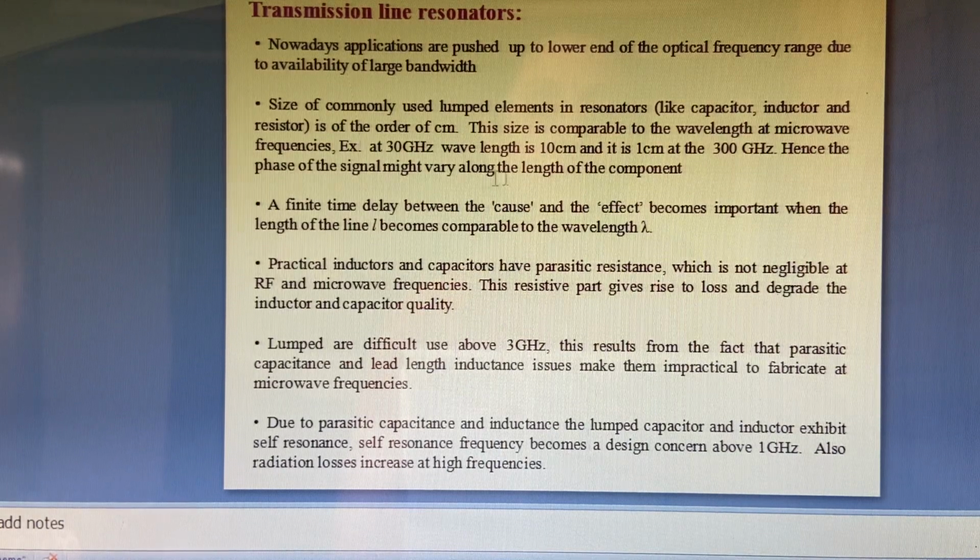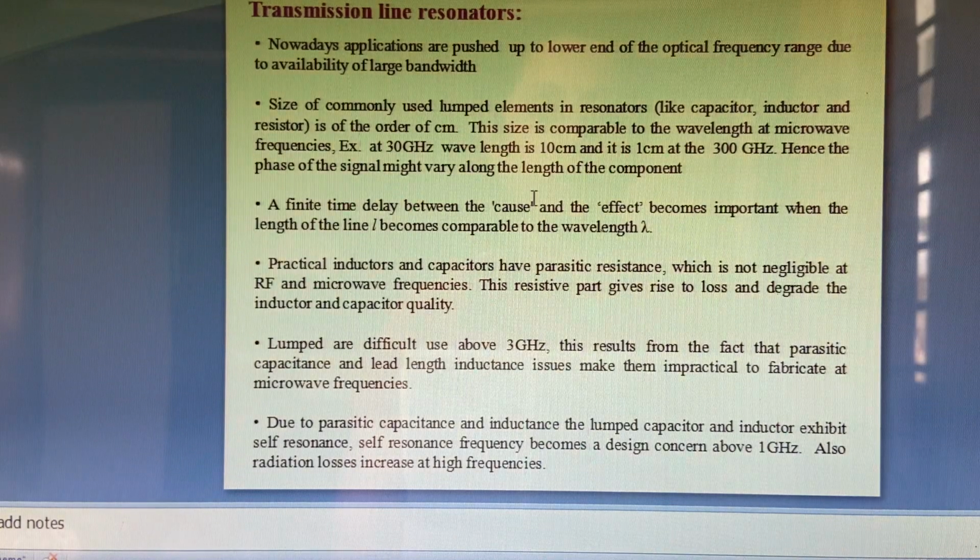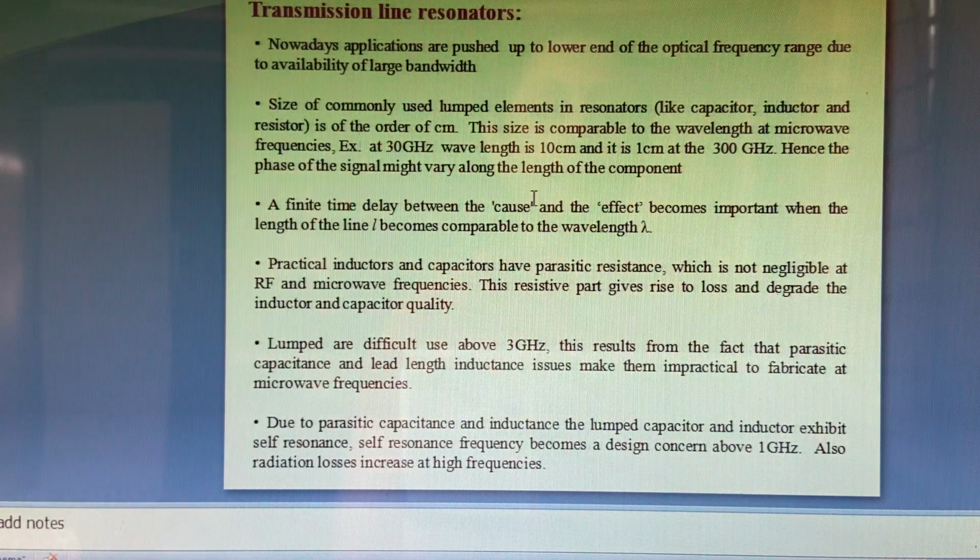So these are some of the issues to be addressed while designing RF and microwave resonators. It is difficult to fabricate lumped elements like inductor, capacitor and resistor in the RF and microwave frequency regime, so it is impractical to implement resonators using those lumped elements.